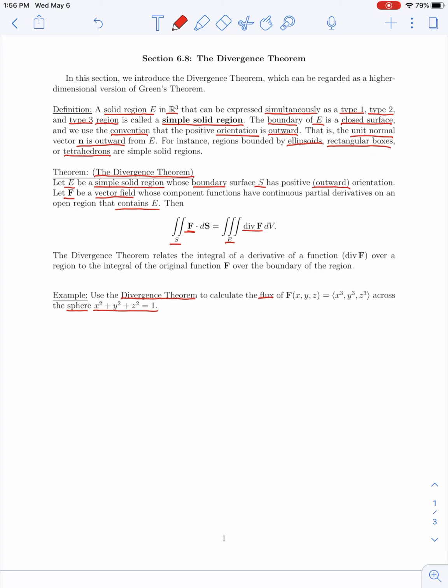It gets to be quite tedious to do it directly, but now that we have the divergence theorem, let us convert our flux integral to a triple integral over a solid region.